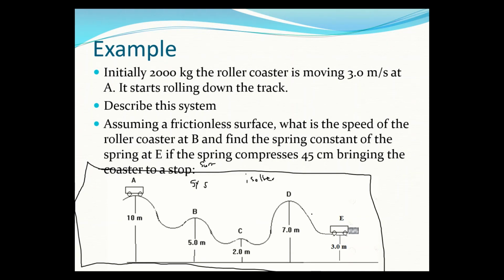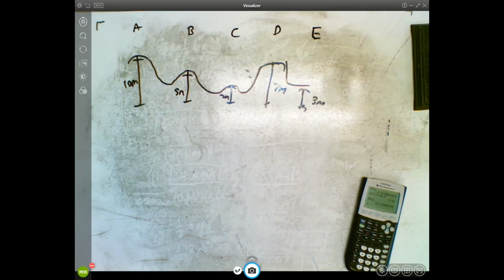This is 5 meters. This is 2 meters. And this is 7 meters above the ground. This is 3 meters. This is E. Okay, good. Sorry, I just had to draw that. There we go. So I drew it here.